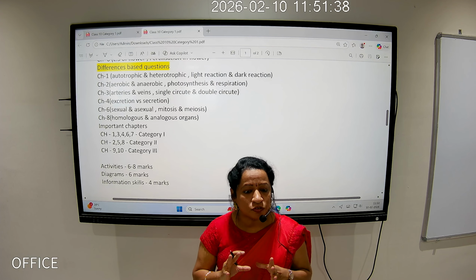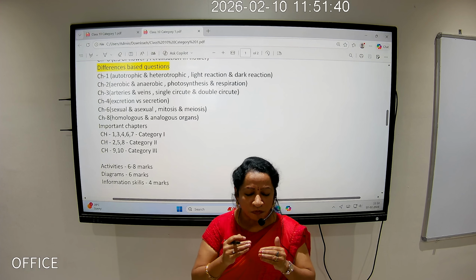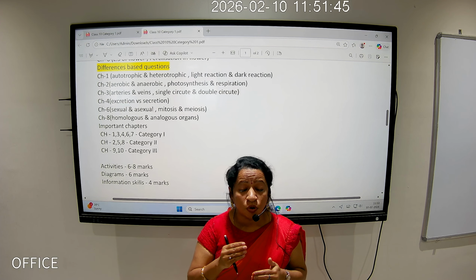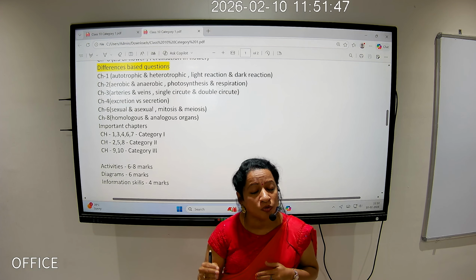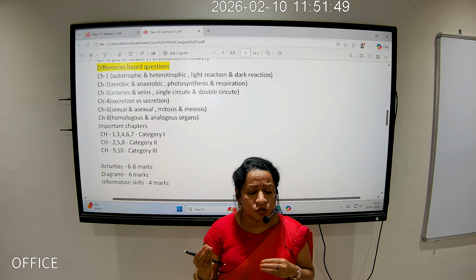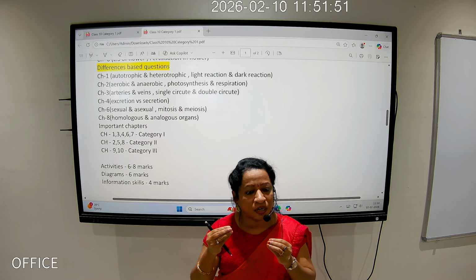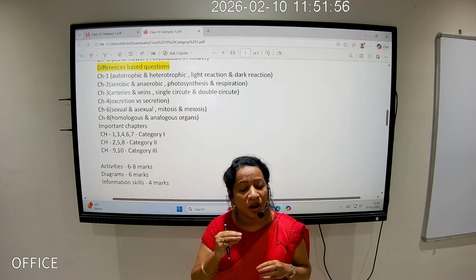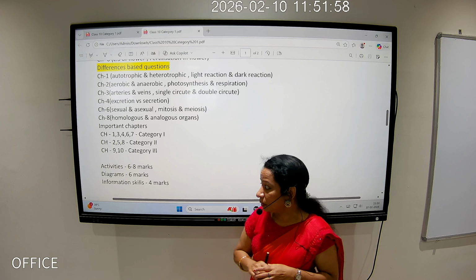Okay. So please don't neglect that, though very less weightage they are having, but still there is no question which you will not be able to answer related to pollution or environment or biodiversity or conservation. Anything it may be, you just try to put it in your own words.